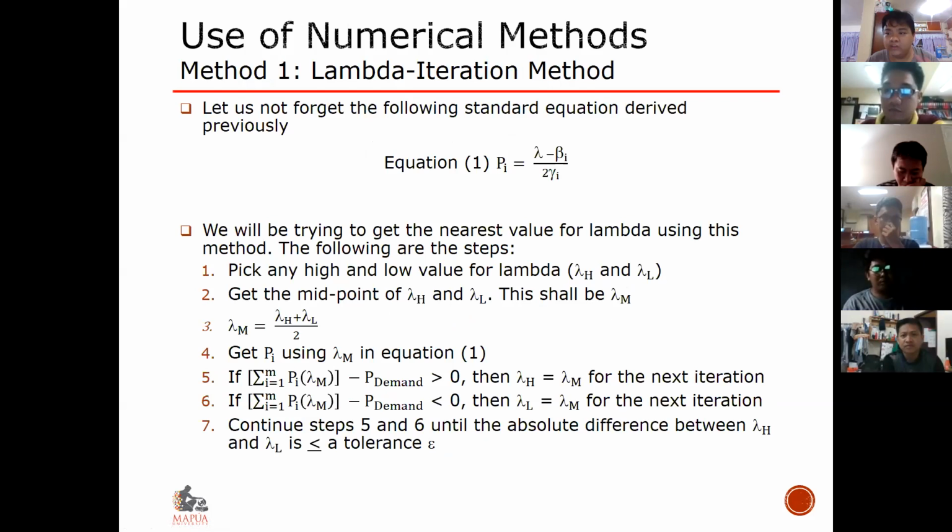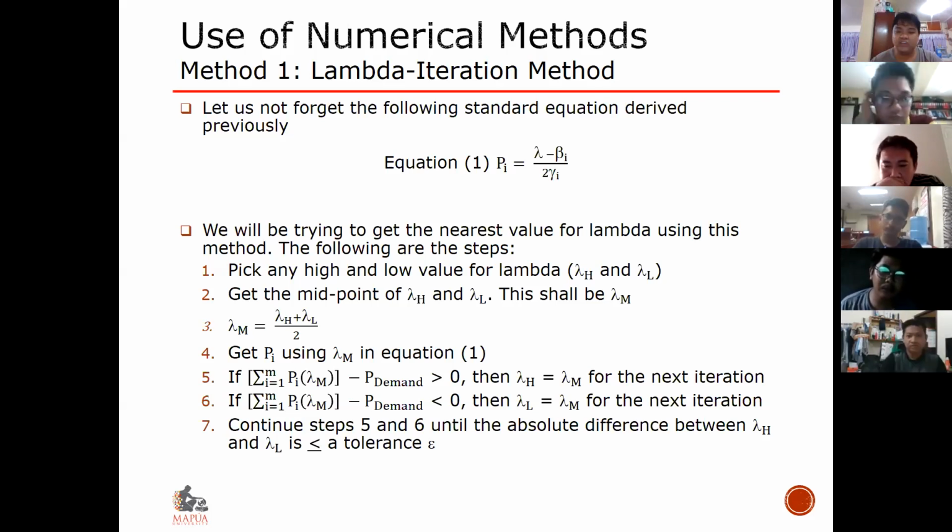Okay? When we're using lambda iteration, kayang-kaya nyo siguro to. Nagawa nyo na. Pipili lang kayo ng L tsaka H, yung high value, low value. When you iterate from your high to low, we will eventually get to a point, yung final lambda.